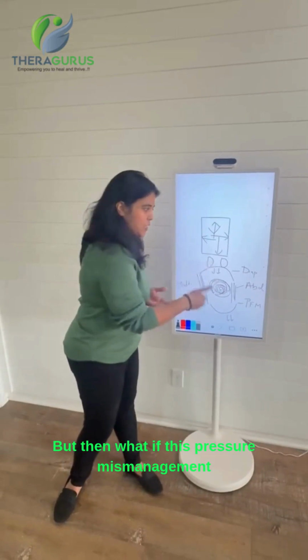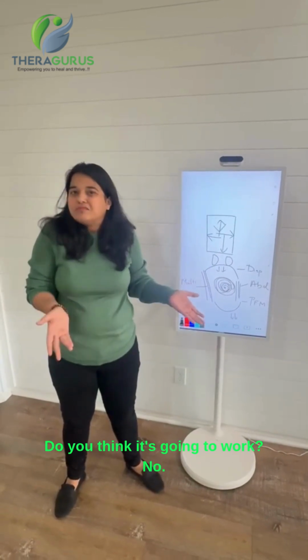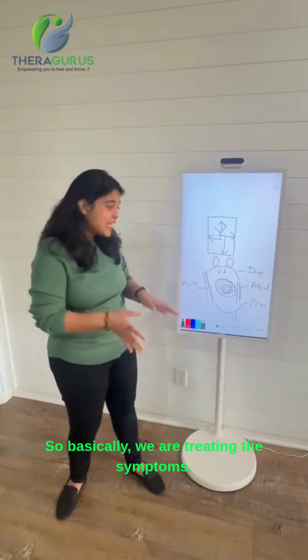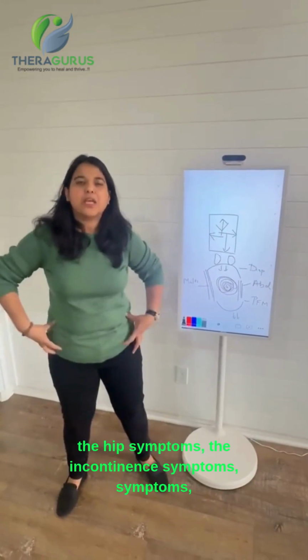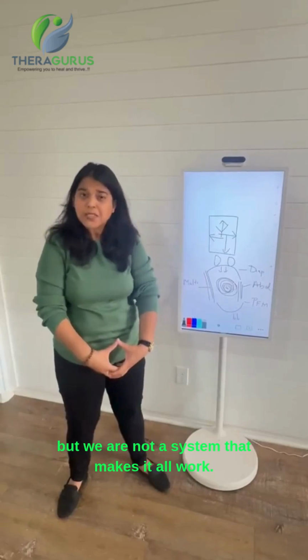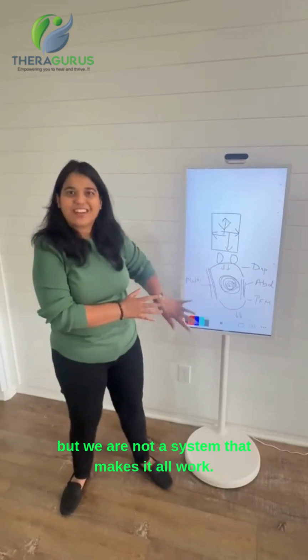But if this pressure mismanagement is still there, do you think it's going to work? No. So basically, we are just treating the symptoms, the back symptoms, the hip symptoms, the incontinence symptoms, but we are not working on the system that makes it all work.